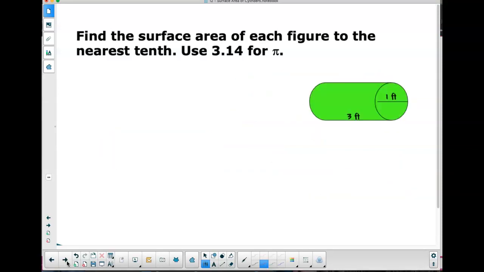Flip the page. This one looks a little bit different only because it's flipped on its side. Does that matter? No. We've talked about this already. That just means it's laying on its side. You just have to think about it flipped straight up. Same process. We're going to start with the formula. 2 times pi times radius squared plus pi times diameter times height. 2 times 3.14.